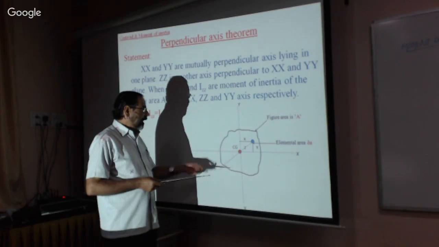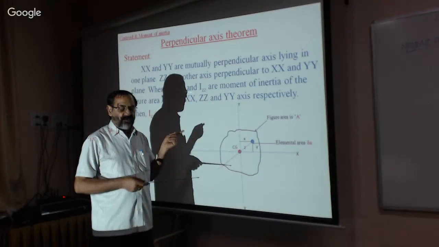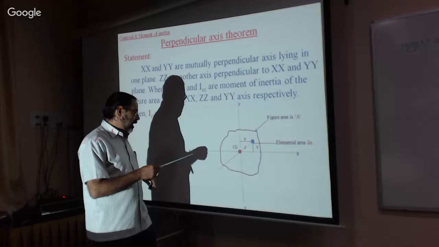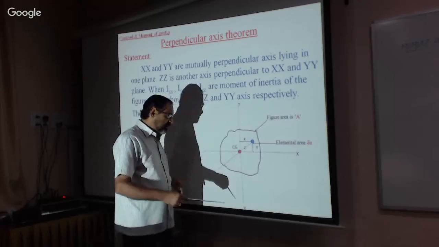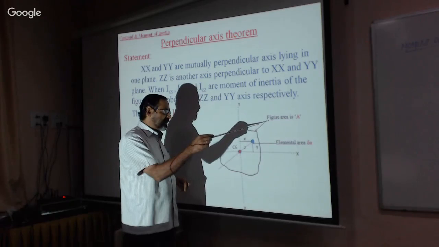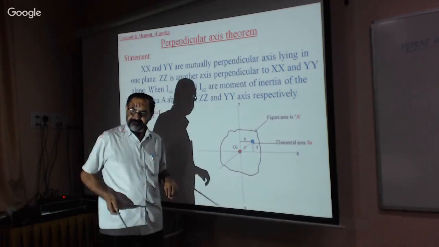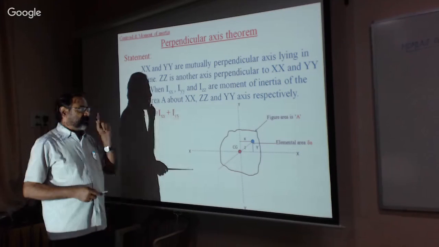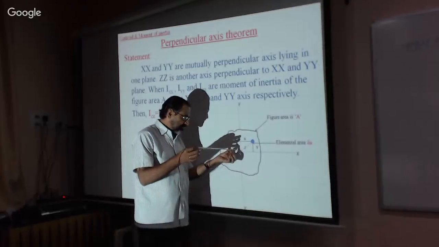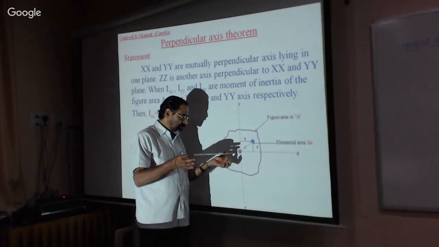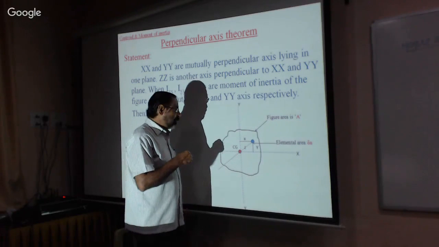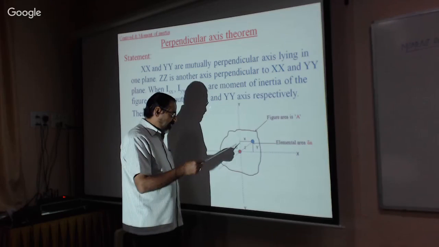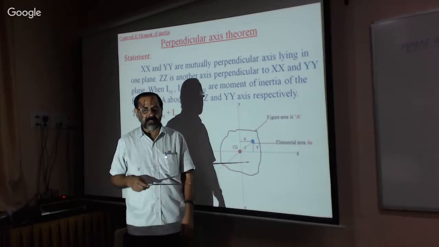Then Ix, Iyy and Izz are the moments of inertia along the x axis, y axis and z axis of the given figure of area A. Then the moment of inertia of the given figure about the z axis is equal to the moment of inertia about the x axis plus the moment of inertia of the figure about the y axis. This is the statement.